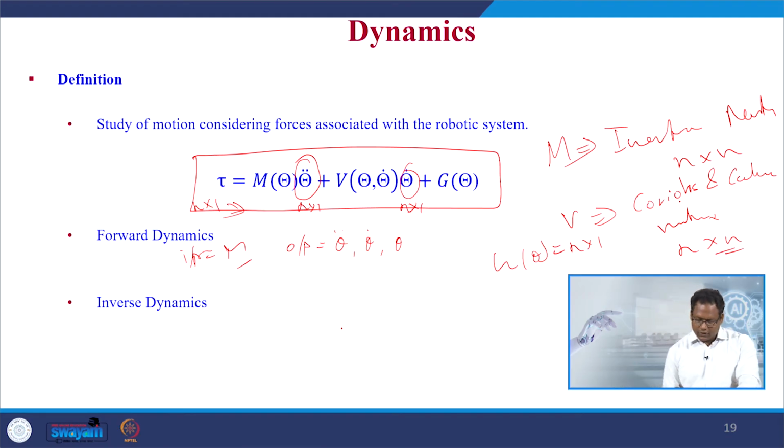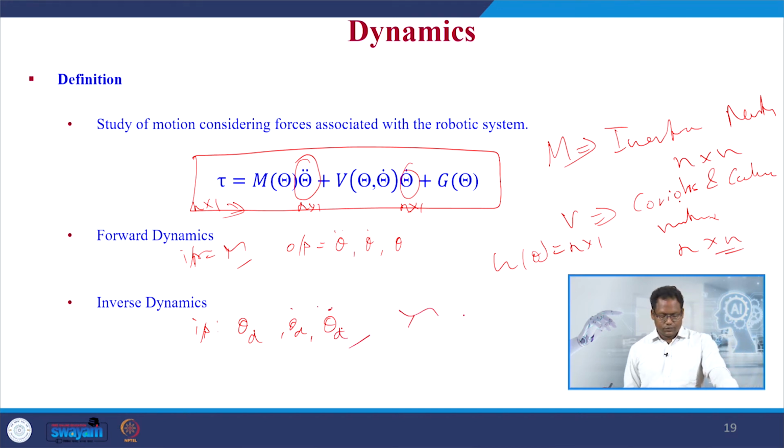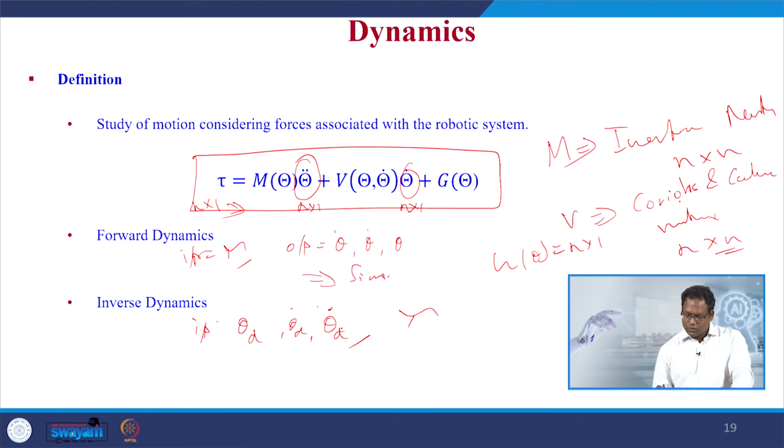Whereas in inverse dynamics, we have the input being the joint trajectories and the output will be joint torque. Forward dynamics is used for simulation, whereas inverse dynamics is meant for controlling robotic systems.